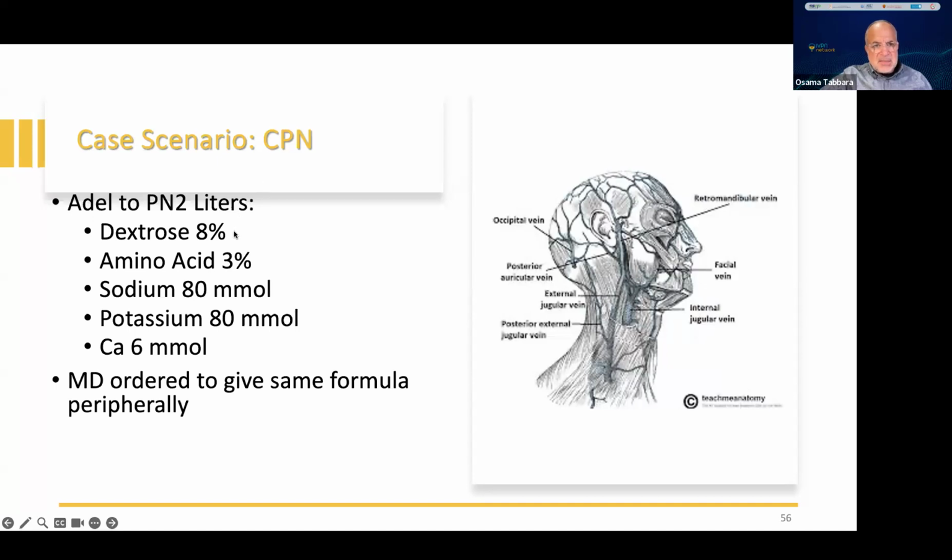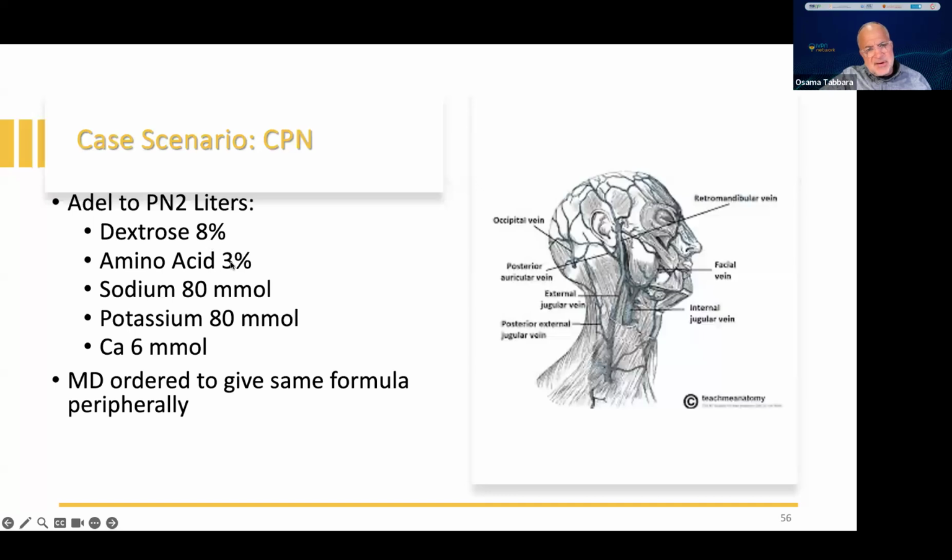So, Adil, as I said, these are the elements. The physician now said, let's order the same formula but peripherally. And here we really have to do some calculation. Can this same formula be given peripherally? We said 7.5% maximum, but this is 8%.